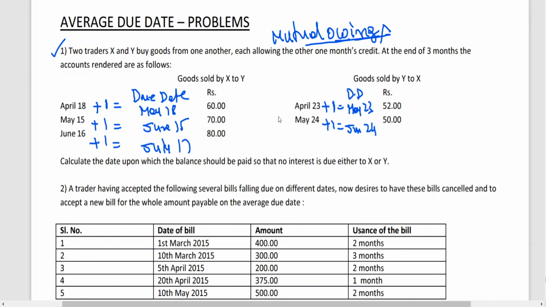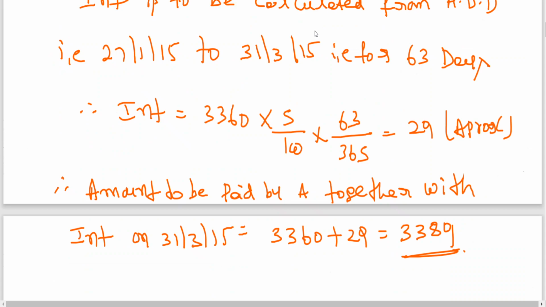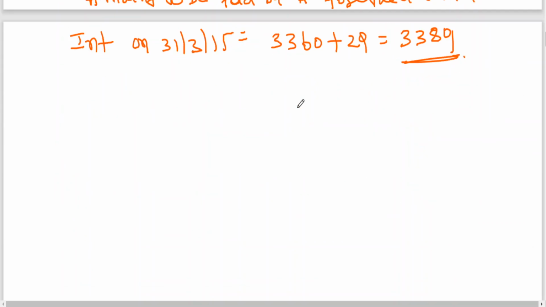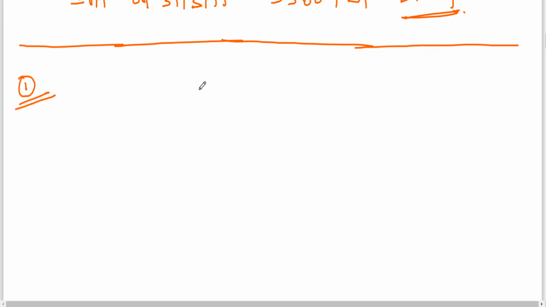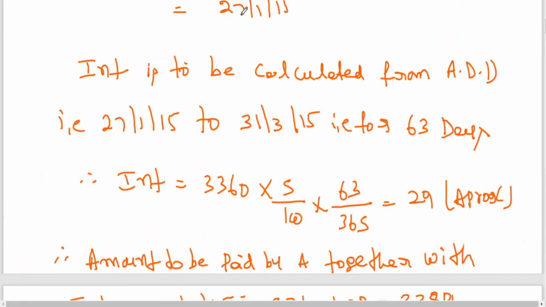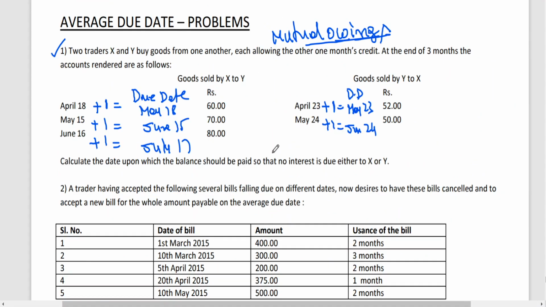We need to find out the product. That is what I am going to explain here first. When you are having mutual owings like this, problem number 1, now what we should do is, which is the earliest date of all these transactions? May 18, June 15, July 17, May 23, June 24.